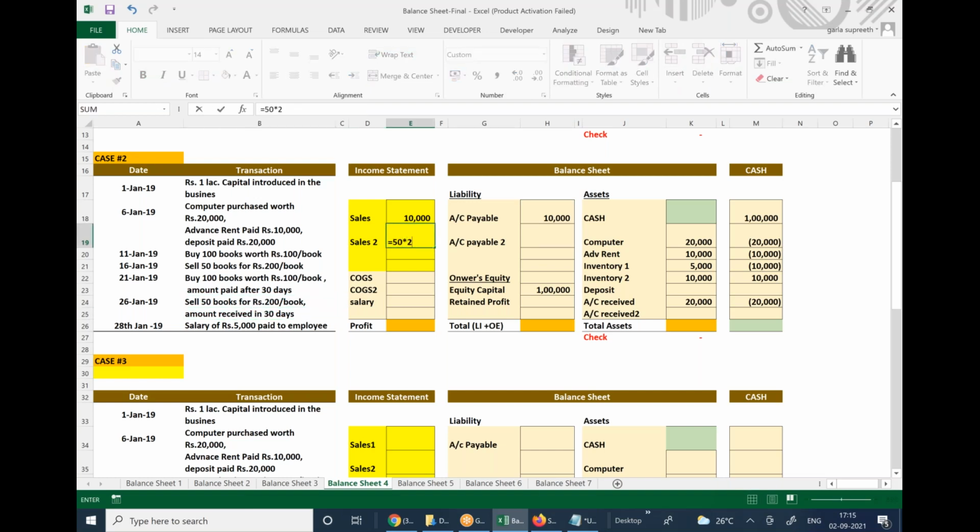So what happens to my inventory? The second lot in the storeroom will also become 50 into 100. But this time, I did not receive that money. It says the amount will be received in 30 days. So, sorry, my account receivable is 10,000.